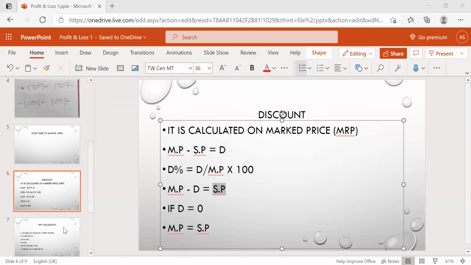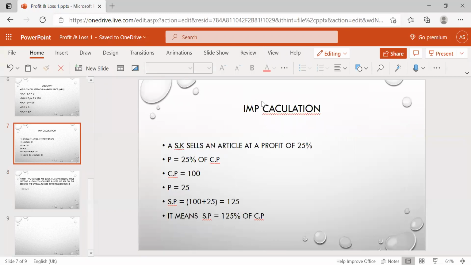Now, an important calculation we discussed yesterday: a shopkeeper sells an article at a profit of 25%. That means the profit is 25% of cost price. Always we calculate profit and loss on cost price only.